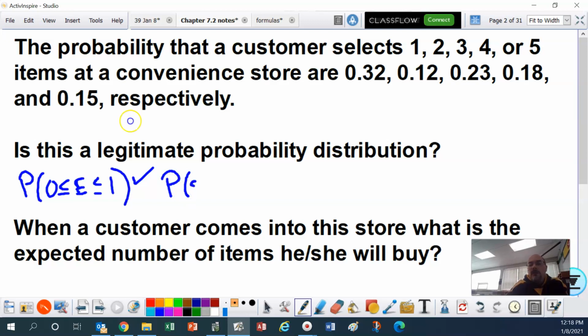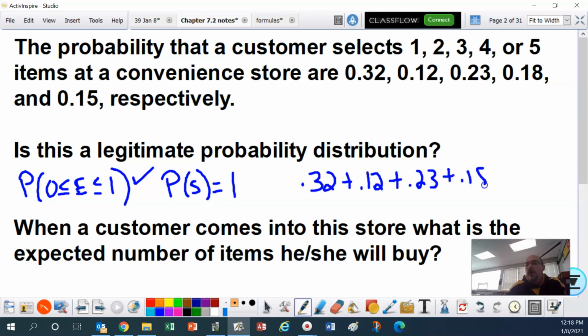Do all the probabilities of the sample space equal 1? Let's find out: 0.32 plus 0.12 plus 0.23 plus 0.18 plus 0.15. If I add all of those up, they do add up to 1, so check. Yes, this is a legitimate probability distribution function. Remember, if you ever ask that question, you have to check those two conditions: does it go from 0 to 1, and does it add up to 1?